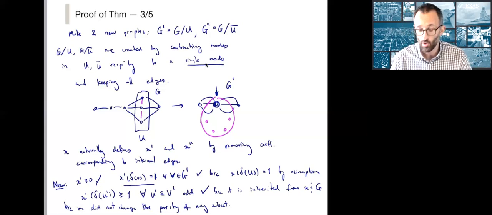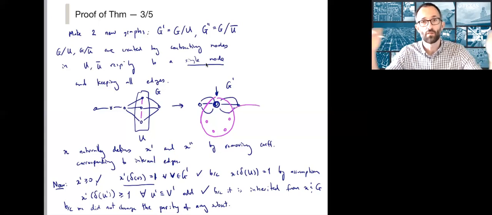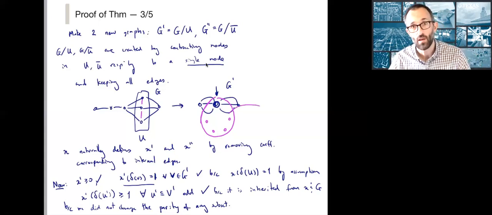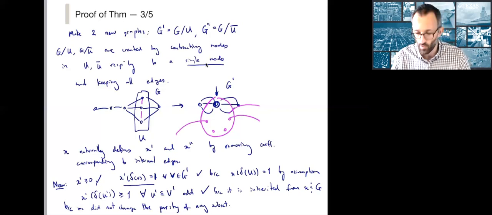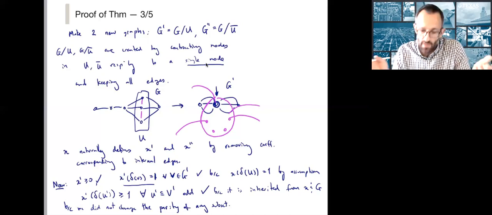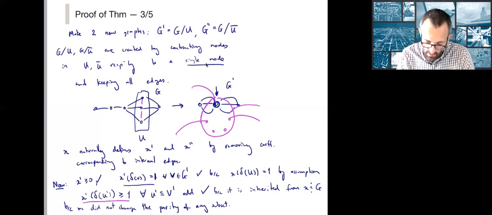And the constraint in the original graph said that there must be at least one edge, or total weight equaling 1, of all of the edges coming in. And this is why we keep potentially the multi-edges here, because I want to inherit this property. Whatever edges I had before coming in, whether they're going to the collapsed node or not, every single one of those is preserved. Only internal edges are the ones that go away, and those internal edges never contributed to satisfying this inequality.